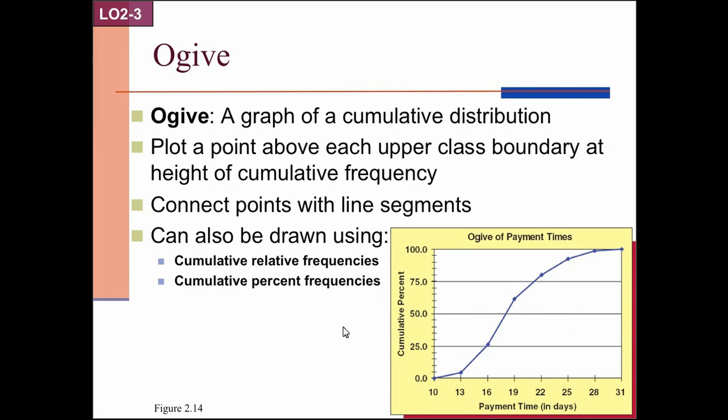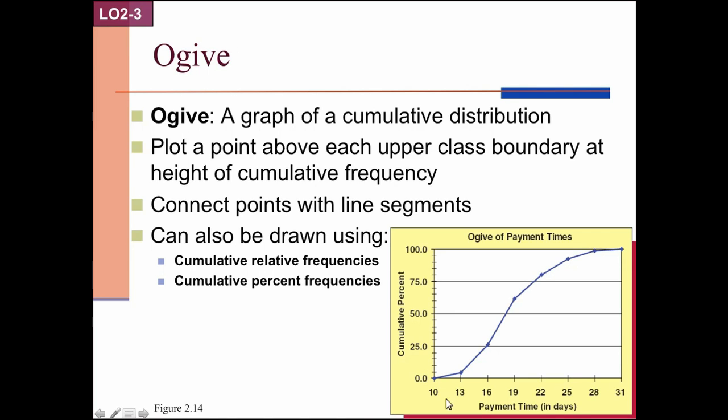And you can chart them either as we did before, as you saw the distribution percent, or relative distribution, or cumulative distribution, or you can use something else, a chart called the ogive. This chart uses a cumulative distribution, and you can use it with relative frequency or percent frequency.